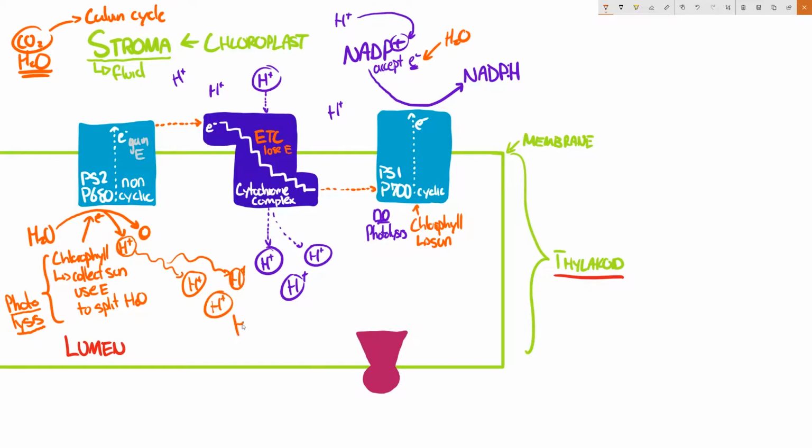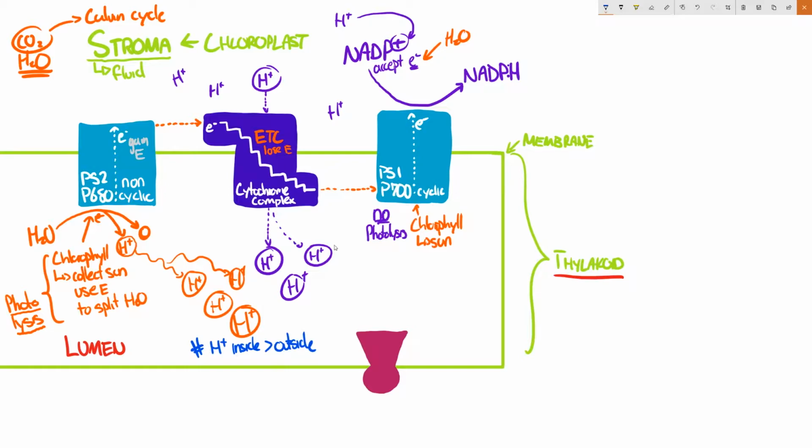So now, at some point, we're going to have more hydrogen ions inside than outside. Okay, maybe better if I say number. So the number of hydrogen ions inside is going to exceed those outside.